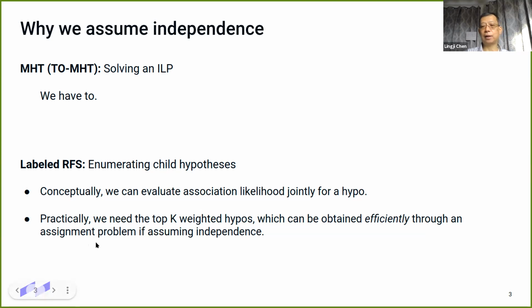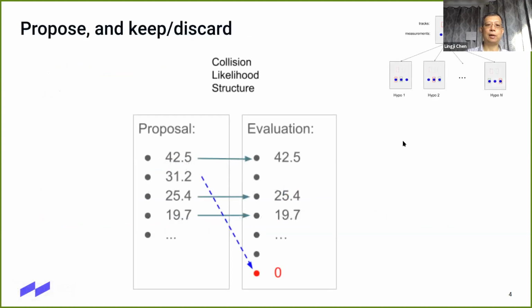Here, I'm only focusing on deterministic algorithms. Stochastic algorithms are a different story. So it's for practical efficiency that we assume independence. But how do we handle a dependence issue like in the previous cartoon example? Here it's easy to see that we can simply take 100 proposed hypotheses, ignoring whether there are collisions in them.